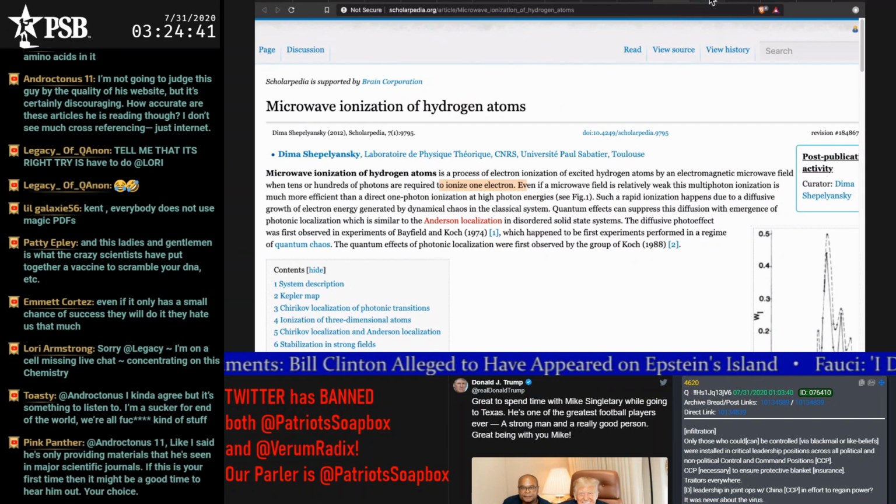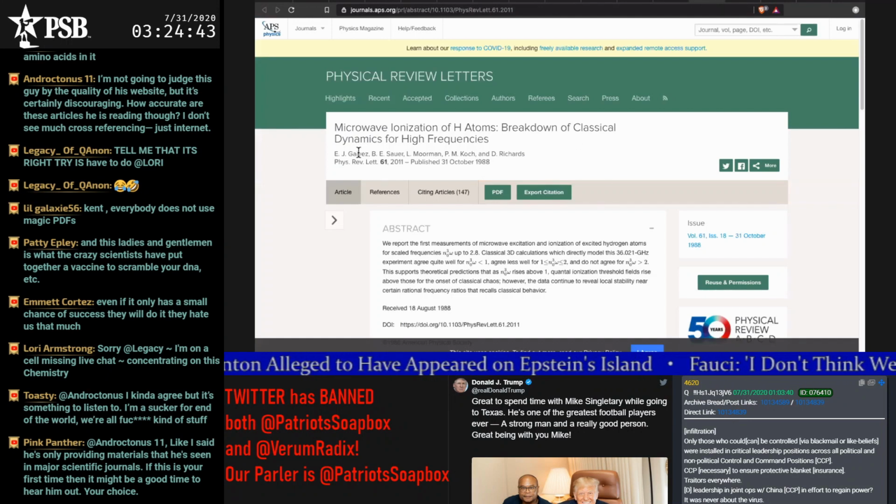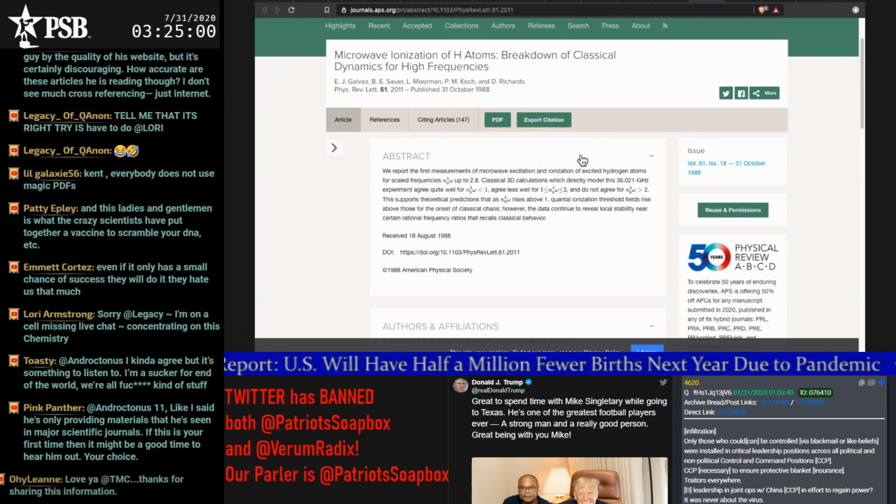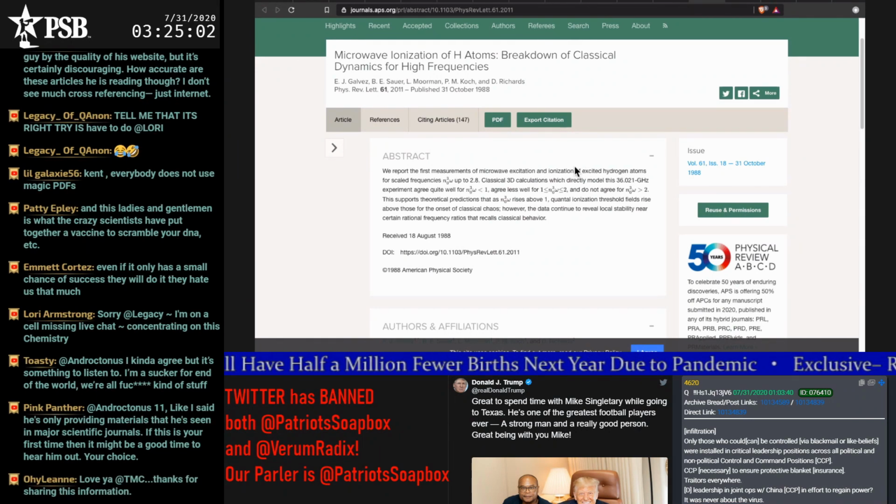So some other documents: microwave ionization of hydrogen atoms, the breakdown of classical dynamics for high frequencies, behind a paywall. Can't get to this. But here they talk about 36 gigahertz. They used an experiment, right? Being able to use microwave energy to ionize hydrogen.